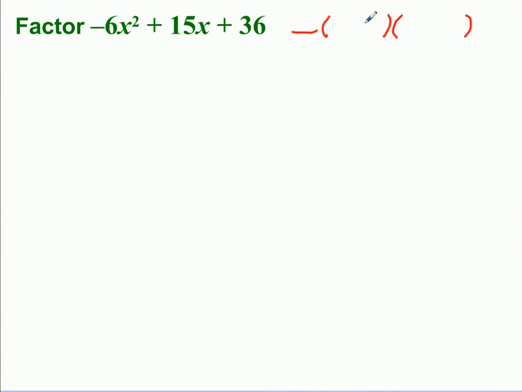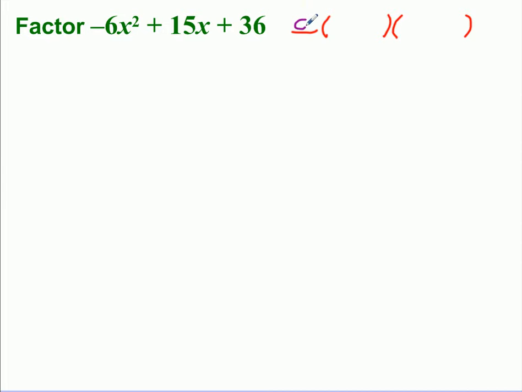Binomials have two things added or subtracted. At first this seems like a rather complicated process because there are really 5 different numbers that I'm going to have to find. Let's just call those numbers A, B, C, D, and E.